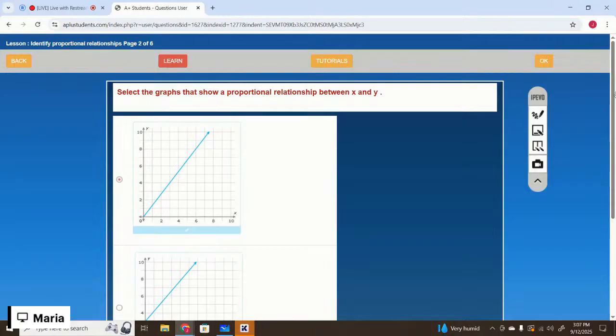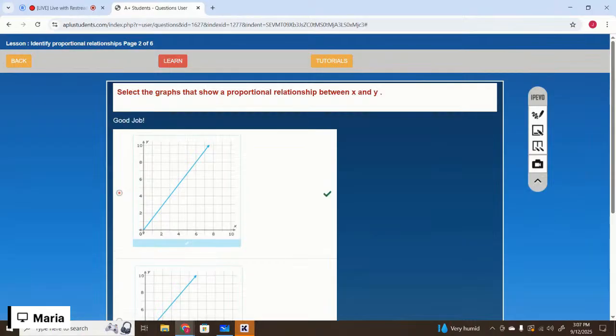Option number one is the correct option. The graph must be a straight line and passing through the origin. So option one is the correct option.